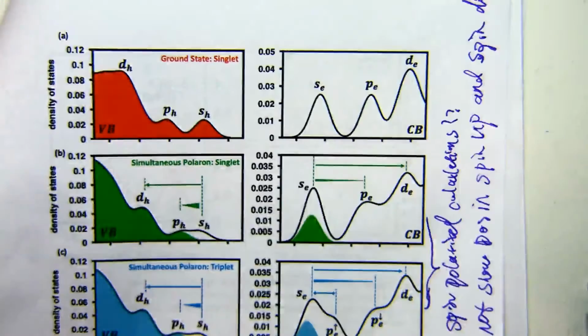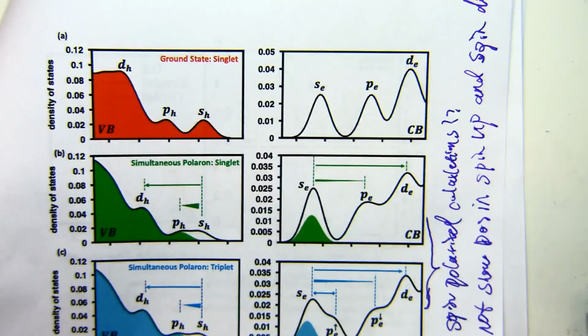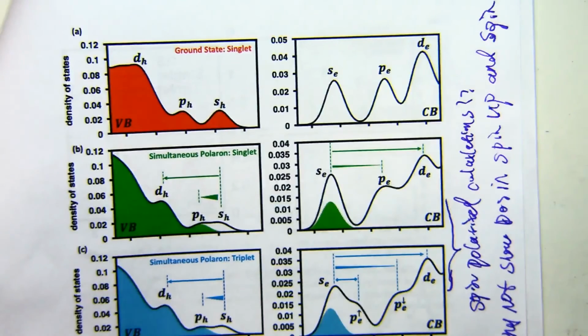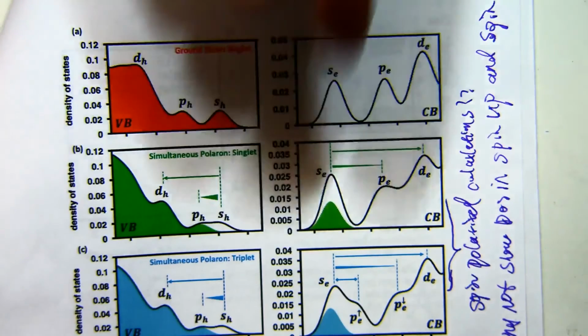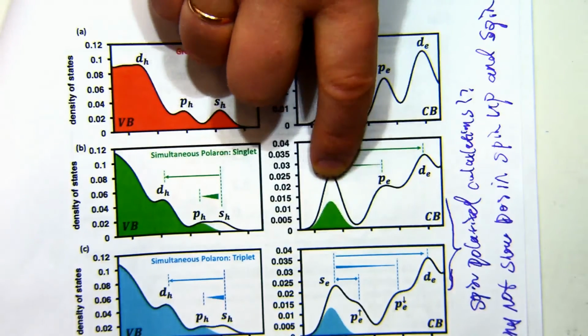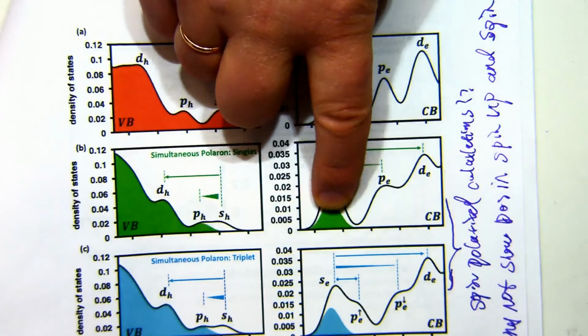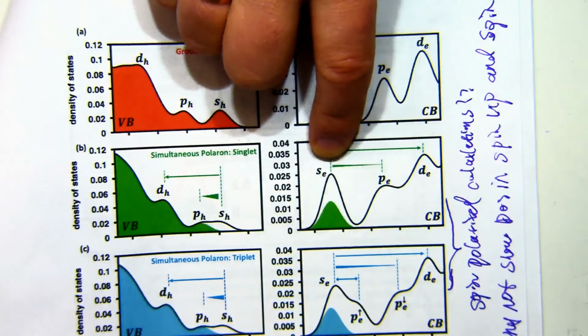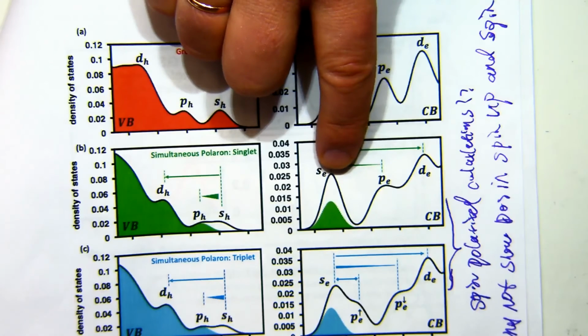Okay. Can I try to interpret my feeling? Here, this energy range is half filled, because there is more than one orbital. And there is degeneracy.